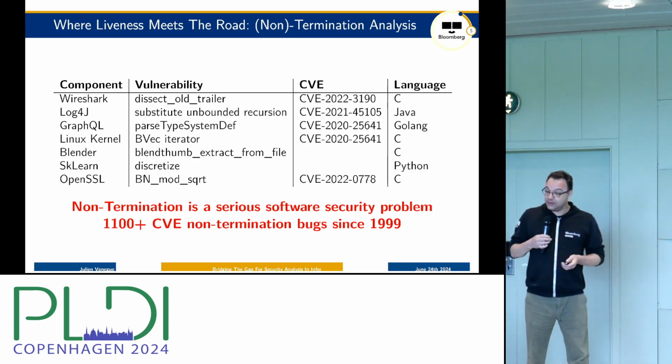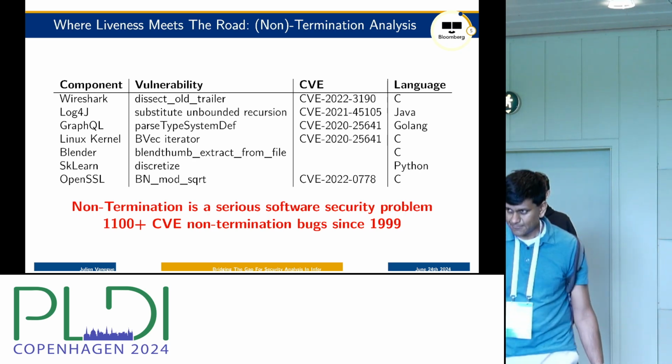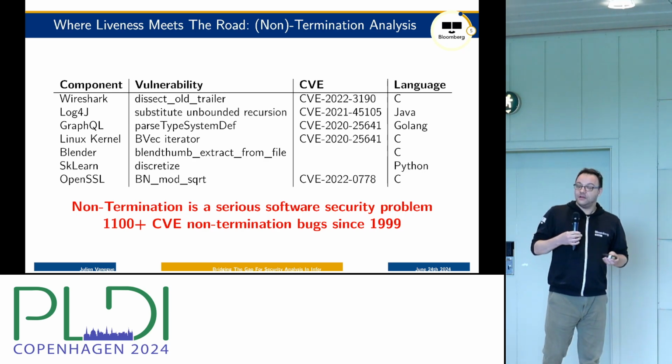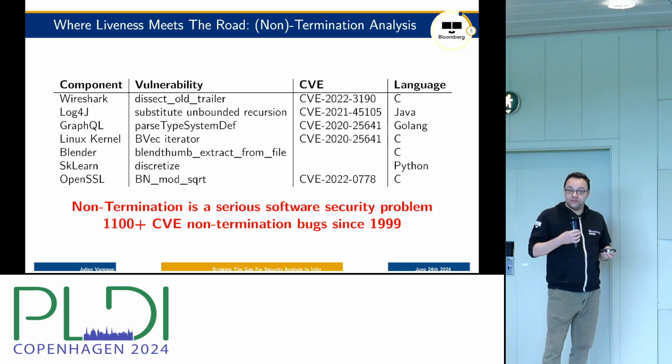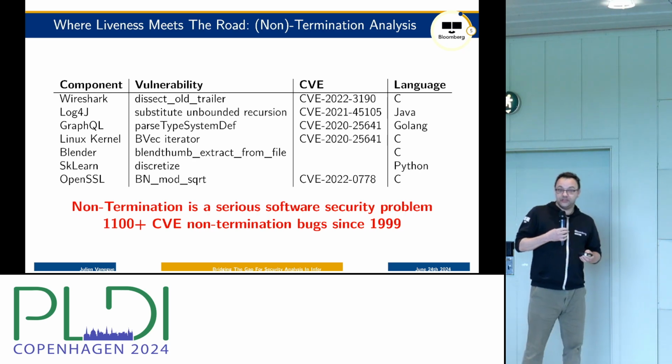So that makes it really relevant for someone like me to go after those bugs as we're getting into the memory safety realm, or memory safe programming. We realize that non-termination is still a major issue that people have to take care of.